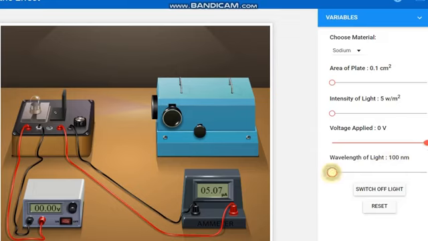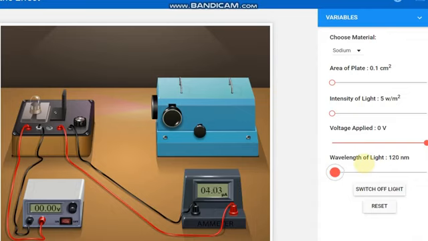You can adjust this wavelength by using this slider: 114, 120, like that. You can change the incident electromagnetic wavelength. Initially I am adjusting the wavelength of this incident electromagnetic radiation to some 120 nanometers.